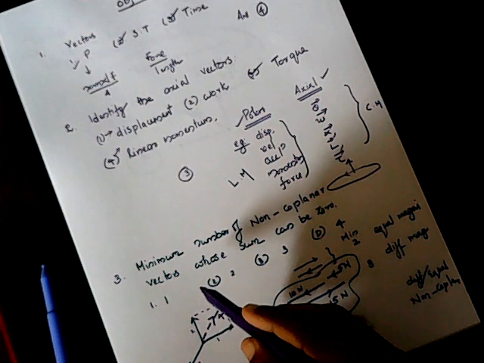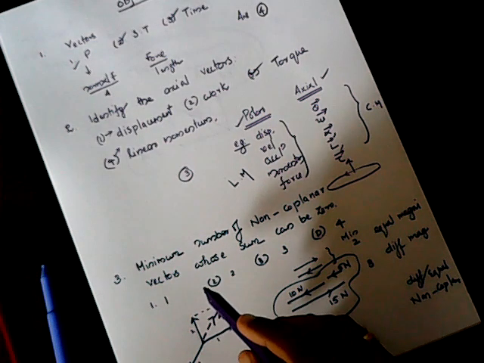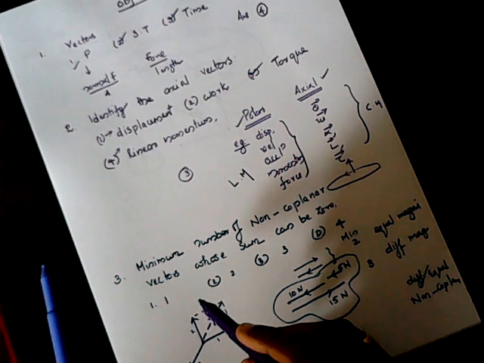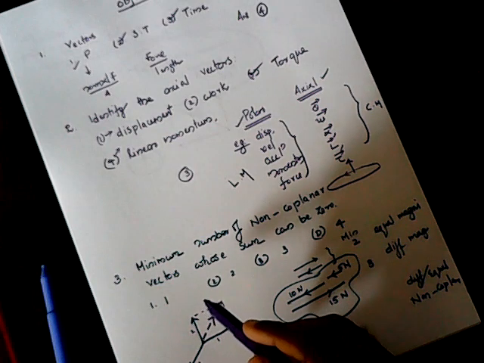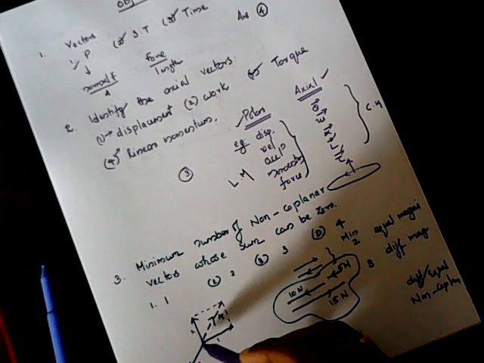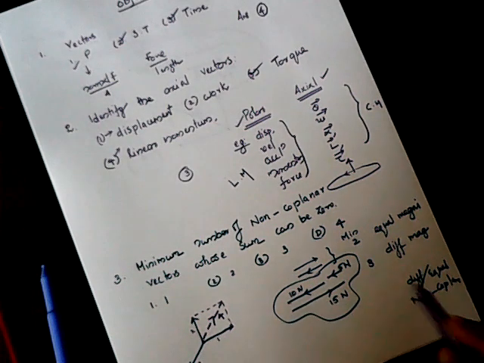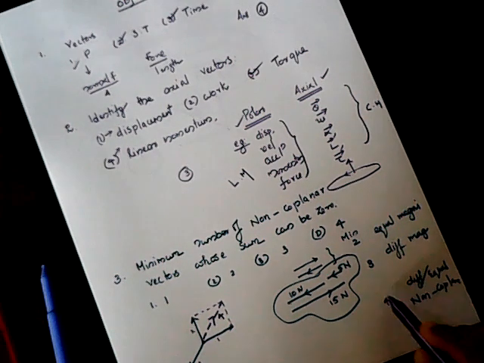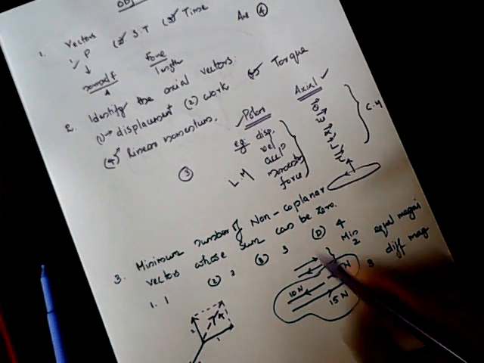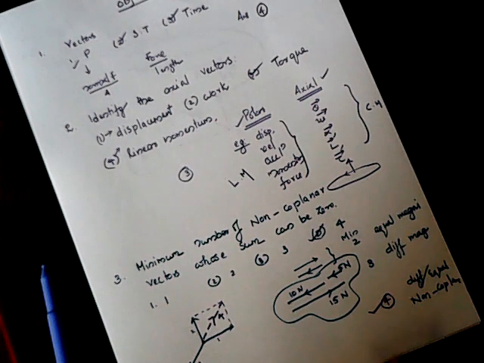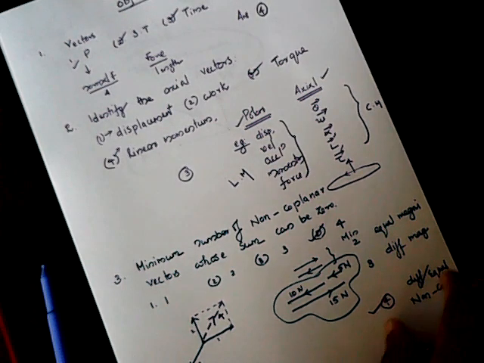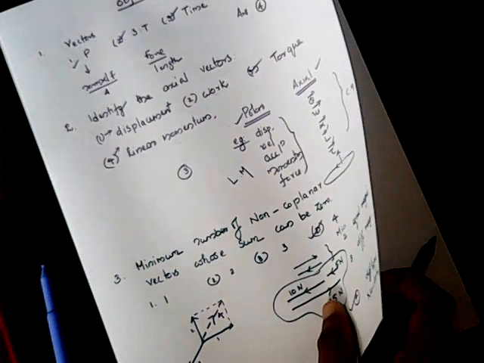That value is not 0. In order to get 0, we need another vector in the opposite direction to the last one. So we can easily say a minimum of 4 is needed for the resultant to become 0 in the case of non-coplanar vectors. So carefully go through the cases.